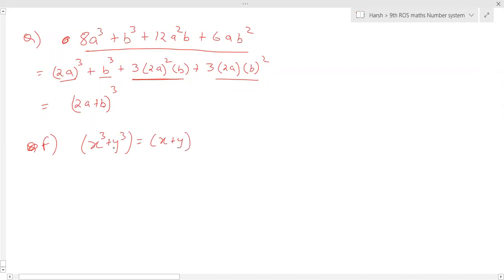So x cube plus y cube is equal to x cube plus y cube, we can write it as x plus y into x square minus xy plus y square.